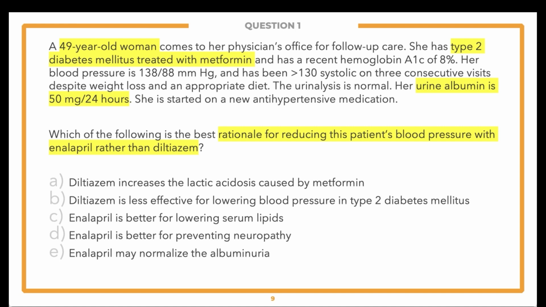All right. So take a moment, think about this one. Why would we pick enalapril over diltiazem in this patient, a 49-year-old woman with diabetes and urine loss of protein with a history of hypertension? Take a second and let's try to break down and pick the right answer.